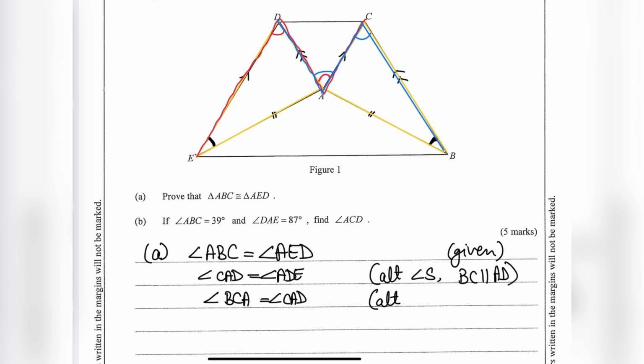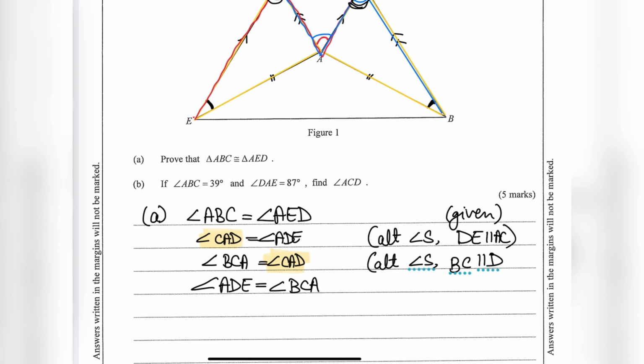Reason: alternate angles, as BC is parallel to AD. By mistake, I wrote the wrong pair. This one is DE is parallel to AC. So by that, we can see that CAD is common, which implies that angle ADE is equal to angle BCA. These two angles are equal to each other.